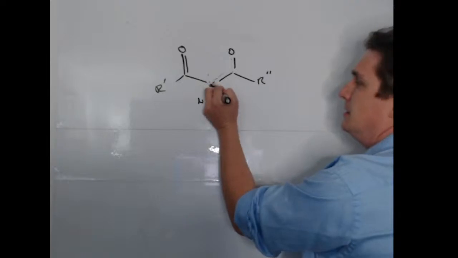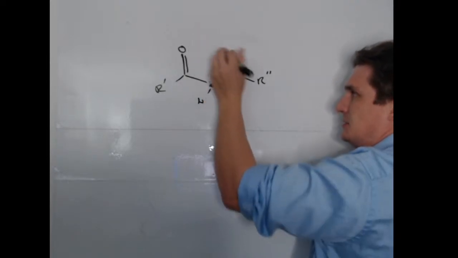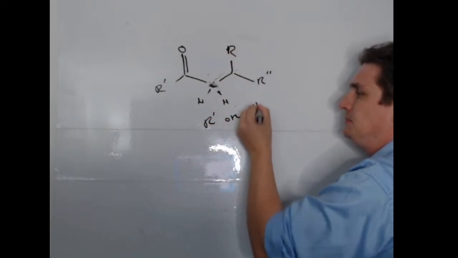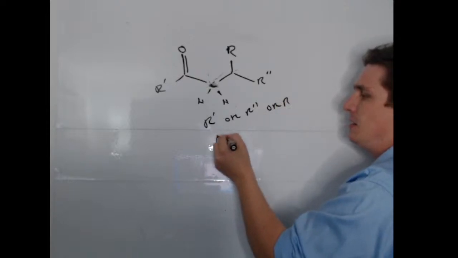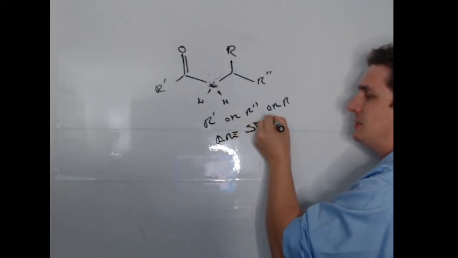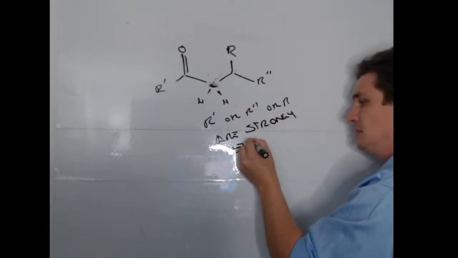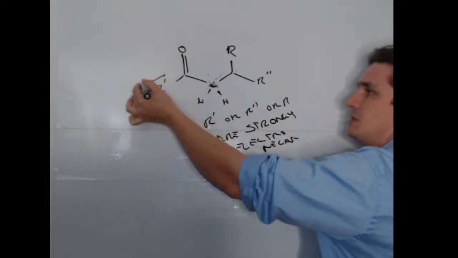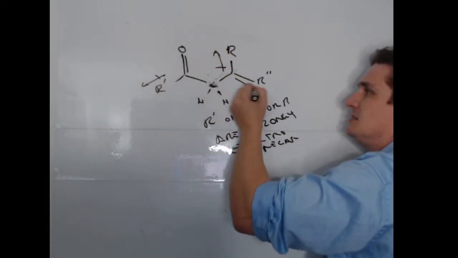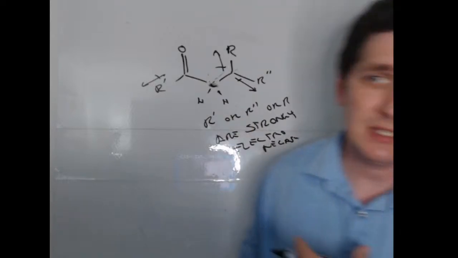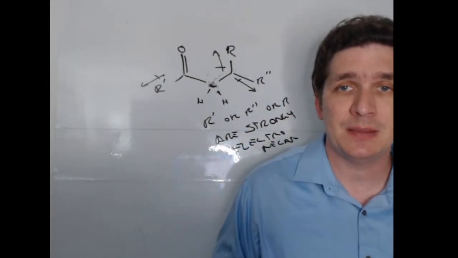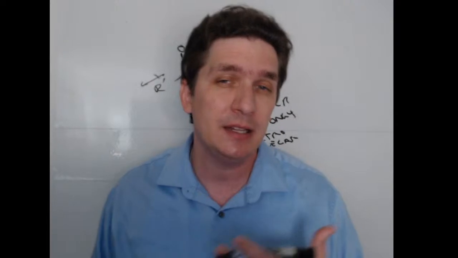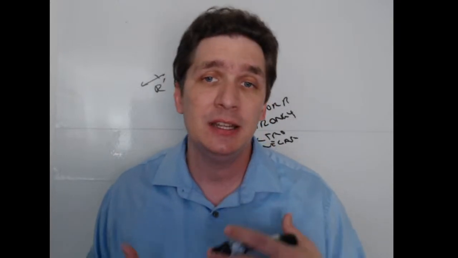So even if this wasn't a carbonyl, this was just some other group, if R or R prime are strongly electronegative, so these are really good at pulling electron density towards themselves, this will inherently start pulling electron density out between the carbons and the hydrogens that make up the alpha carbon. And because they're pulling the electron density away from the carbon hydrogen, they're inherently weakening the CH bond. And that weakening is going to make it more acidic.